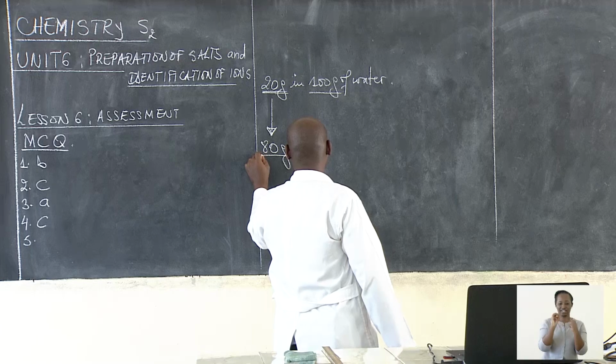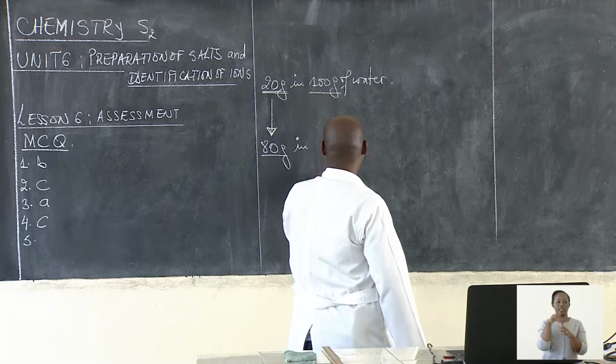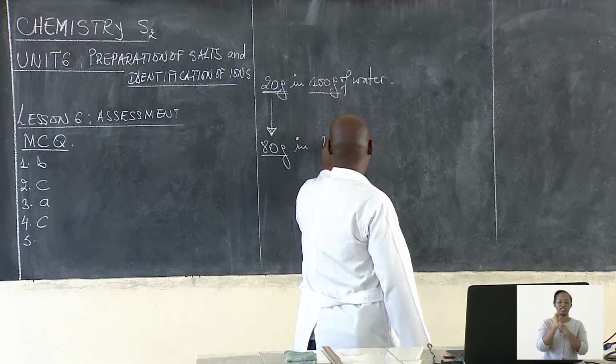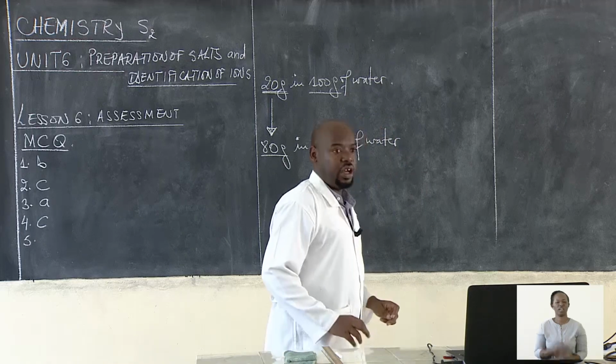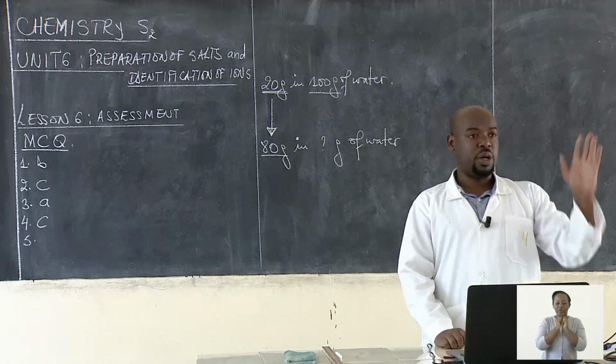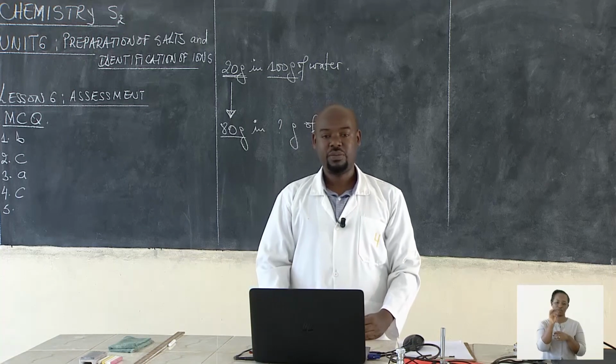And if it is changed to 80 grams, it will be in which mass of water? It's very simple, even without using the formula. So you have 20 grams in 100 grams of water.